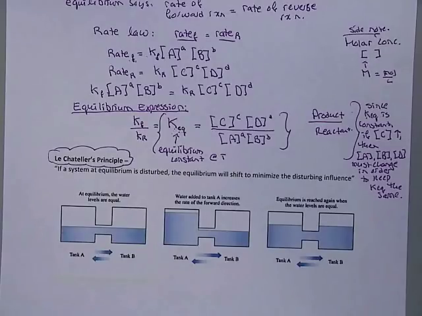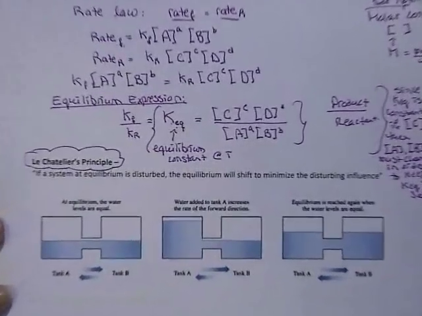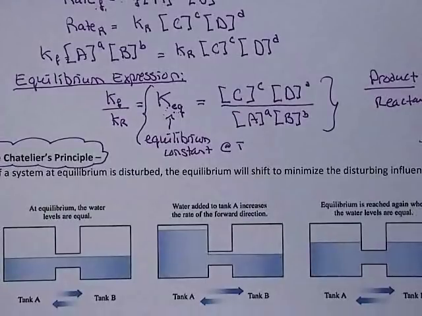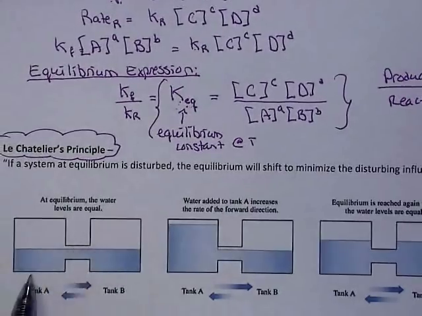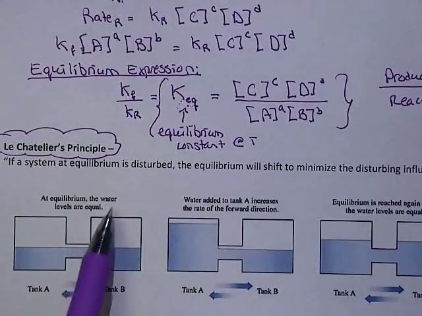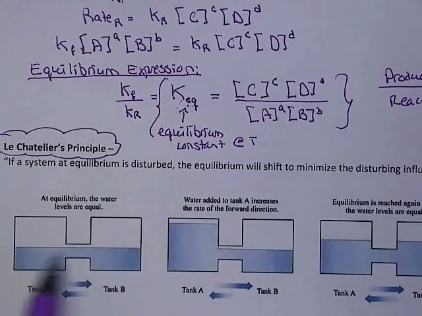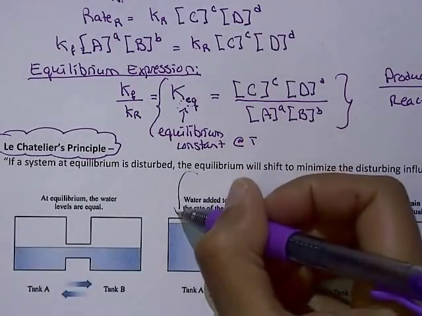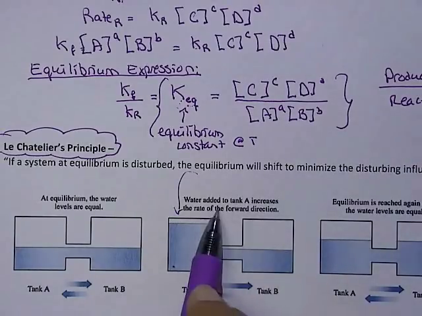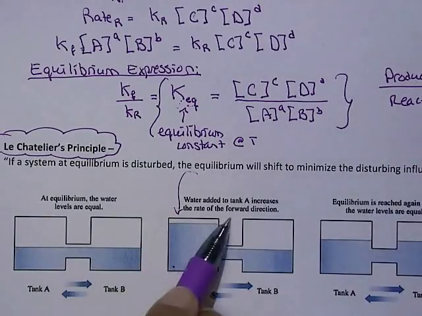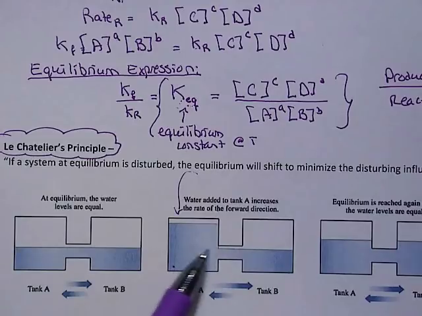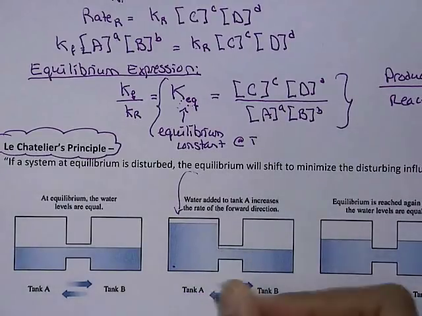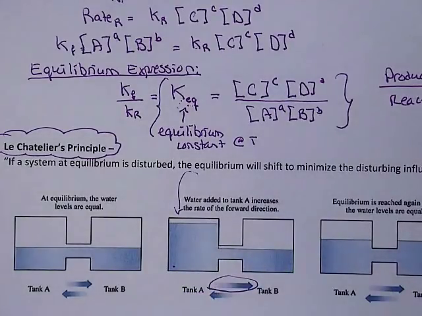So let's take a general example. If we take a look over here, we have two tanks that are at equilibrium. The water levels are flowing in and out of these tanks at equal rates, okay? Now let's say we add water to tank A. That would then increase the rate of the forward direction into tank B. So notice how this arrow is now increased.